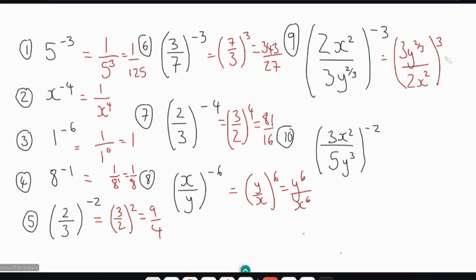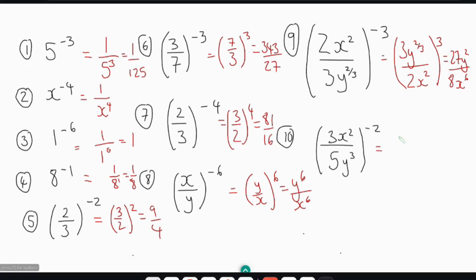So we need power 3, everything in the brackets. 3 to the power 3 is 27. And then power to a power, 2/3 times 3 would give you y squared. And the denominator, cube it all. 2 cubed is 8. x squared cubed is x to the power 6.